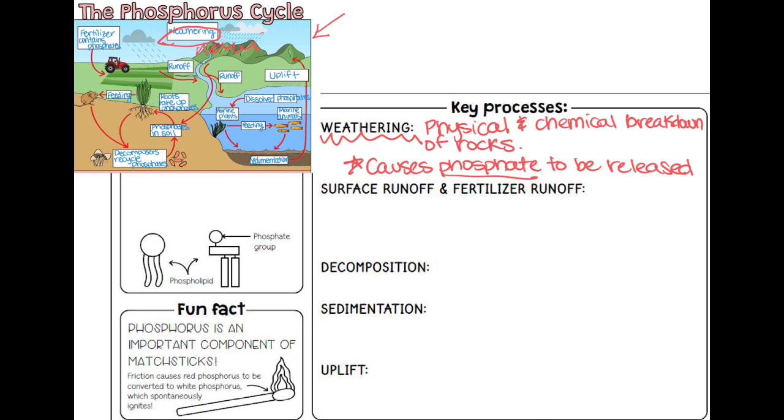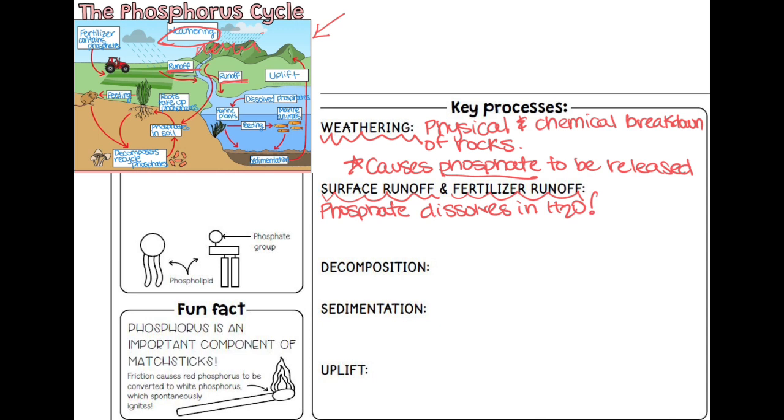Okay, next, surface runoff, and included in that is fertilizer runoff. All right, so we've got that right over here. Two areas of runoff. So the first thing that you need to know is that phosphate dissolves in water. Okay?